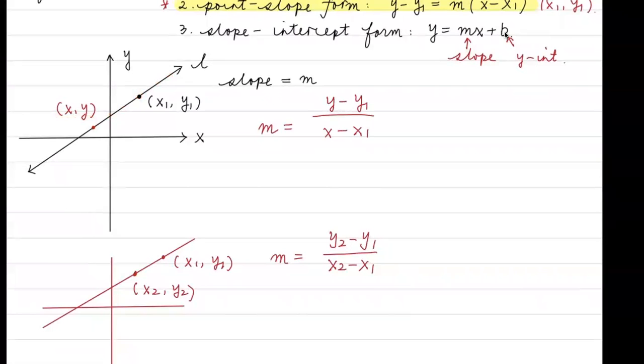So here, we are basically using this given point and any other point on the straight line, okay?